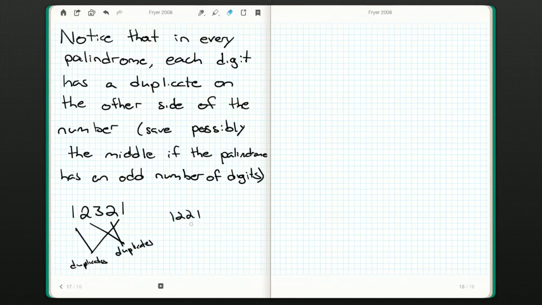So in both the examples we're given, we have duplicates.